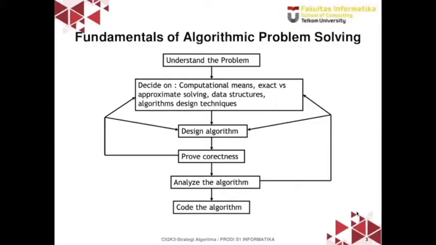Now we are focused on the algorithm design techniques here. After we have decided on these matters, then we can design the algorithms. And then if we already have the algorithm we want to use, we can prove its correctness first. If it is not correct, then we can go back to design it again, or even go back to decide the technique we will use.